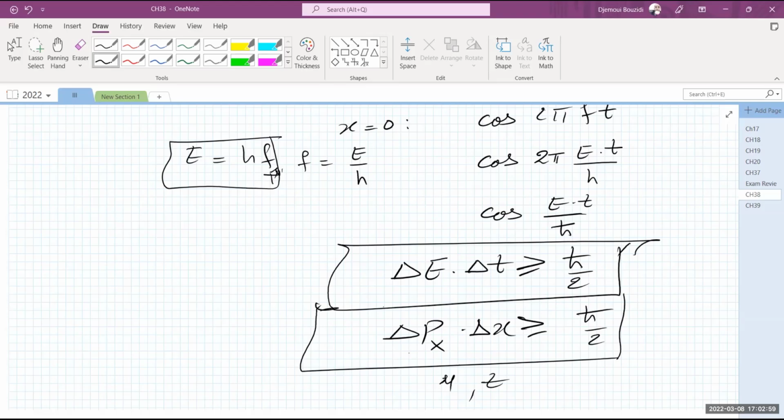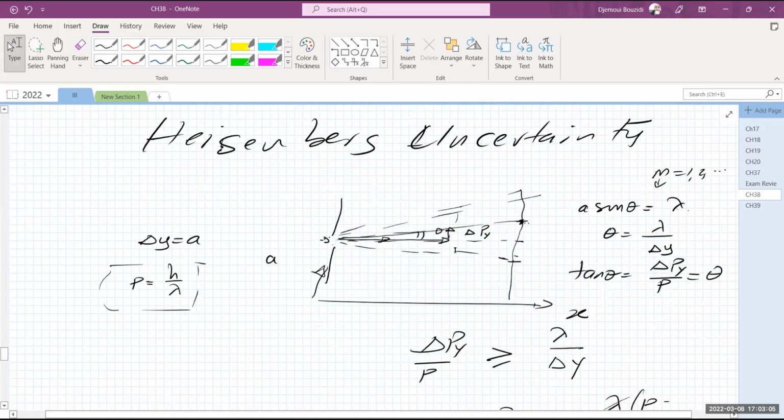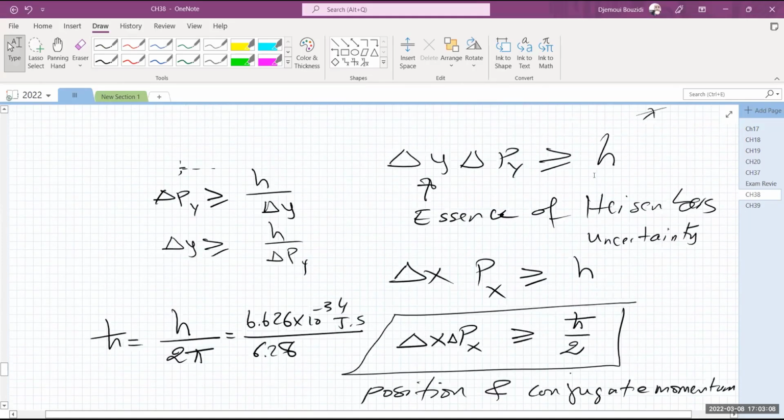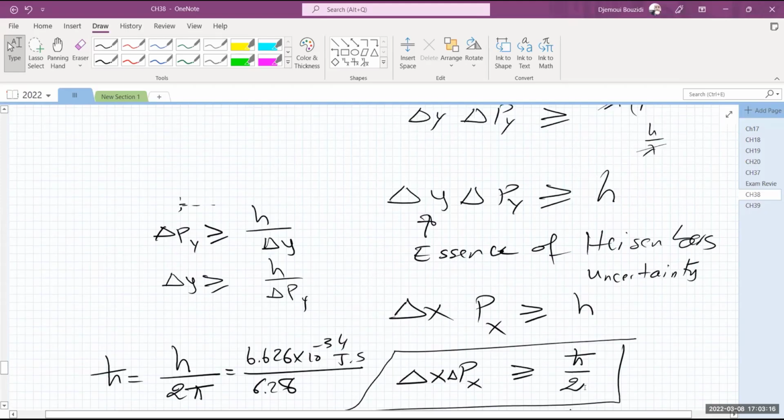I did not really prove it, honestly, okay? All I did was take this argument using the diffraction, and we found an upper limit, which is h. What I'm trying to say is that the limit, if we treat it properly, is much more rigorous than just h. It's h over 4 pi, okay? So the cutoff is actually less than that.